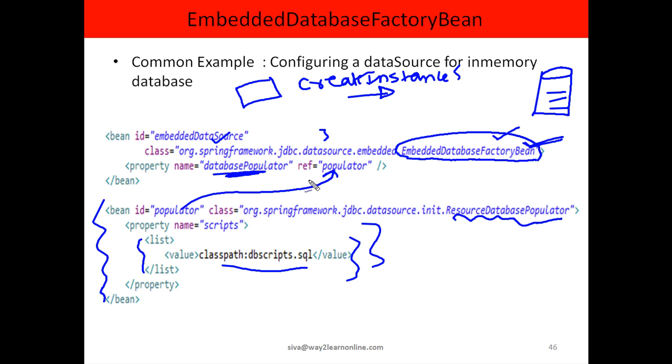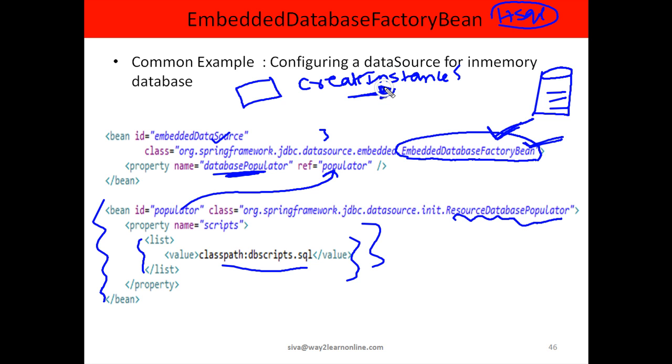Now, can you guess what is the logic inside create instance of this class? It is creating an object of the database related class like HSQLDB. If you want to use HSQLDB, there will be a corresponding Java class. This method is creating an object of corresponding Java class and calling start method.